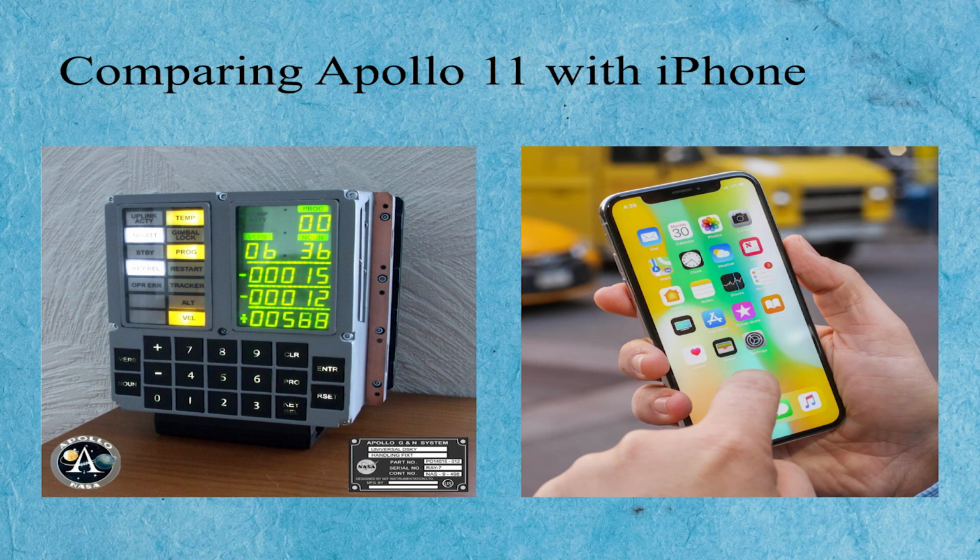Even Google, Gmail was telling me you've used all the space that we provided you, and Apple, all of these cloud storages. I fill all this up because I take lots of pictures and movies and stuff. It doesn't matter how much they give me, it seems like I fill it all up. But can you imagine just landing on the moon with less than 1 megabyte of data? Compared to what we do now, the differences are pretty incredible.